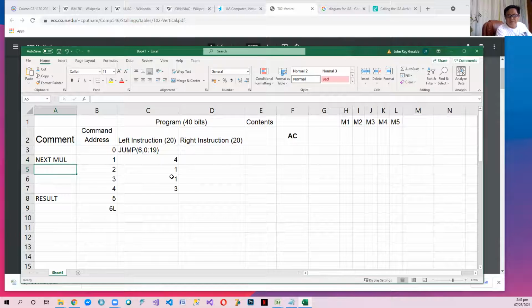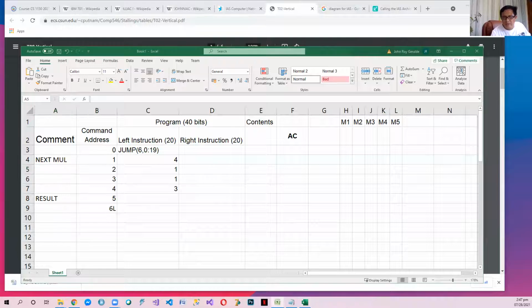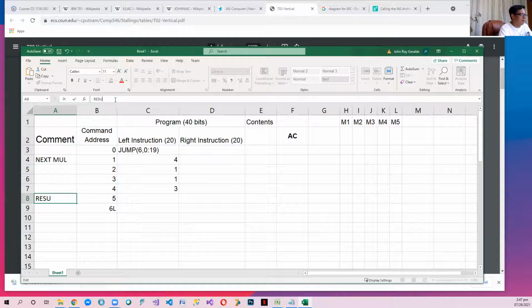Bakit hindi na ginamit ang M3, no? Was M3 used here? We haven't used M3 pala. Okay, so maybe we can just use... M3 is unused, no? Anyway, we leave it there yet. The result is in M5. Next multiplier, M5. This is also the partial product. PP slash result.